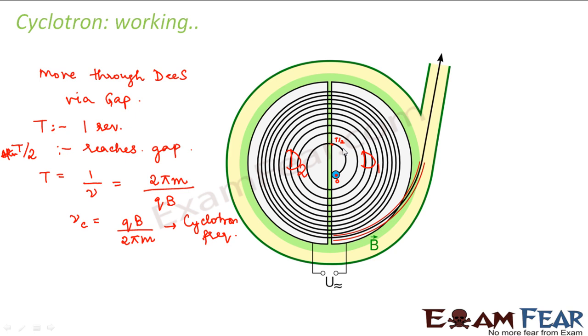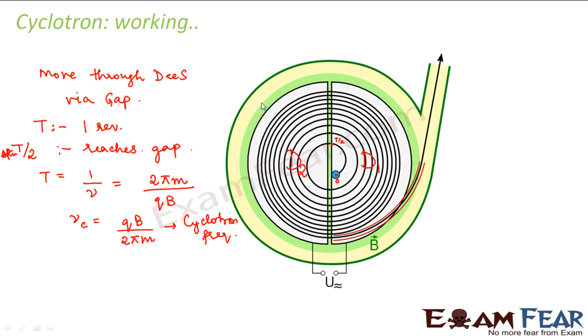At the same time, it experiences an electric field which accelerates the particle, so the particle gets energy. It jumps to the other D because the other D is at lower potential. After entering D2, it again experiences the magnetic force due to the magnetic field inside D2, so it traverses a circular path.